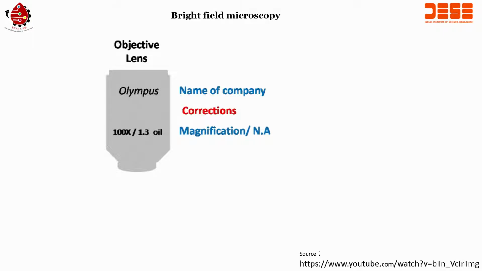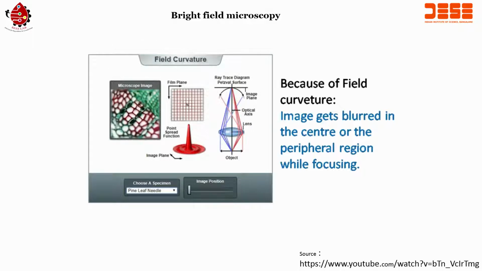The term plan is used to indicate corrected field curvature. Field curvature is a common aberration caused by the spherical surface of a convex lens. In this phenomenon, not all parts of an image are clearly focused.